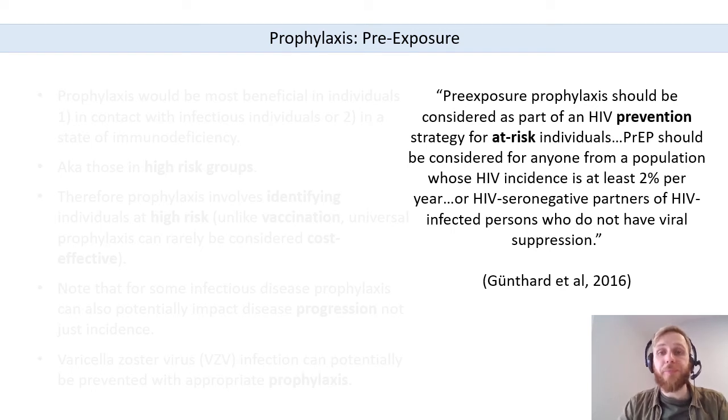One point that's made here is this idea of serodiscordant relationships. So serodiscordant means individuals who have different serostatus. So someone who is HIV positive in a relationship with someone who is HIV negative. This is serodiscordance, and in these cases it should be pretty clear how the use of pre-exposure prophylaxis could potentially be beneficial.